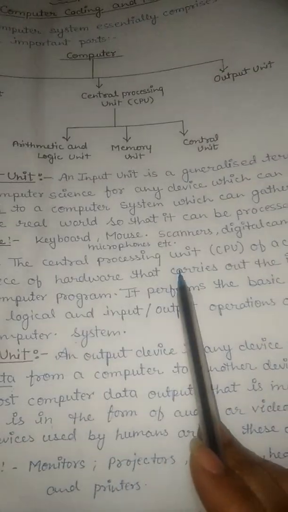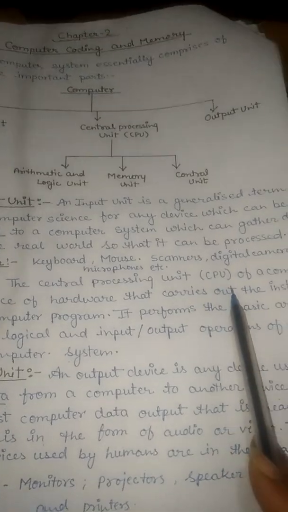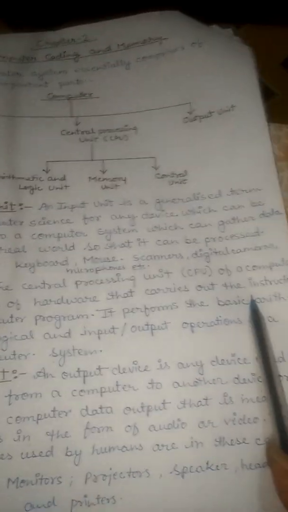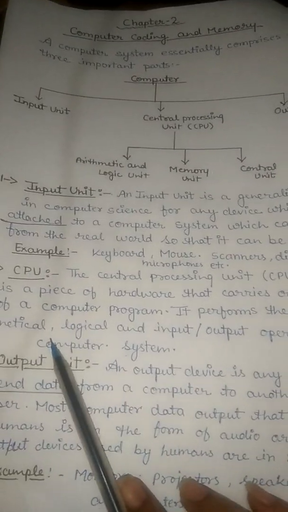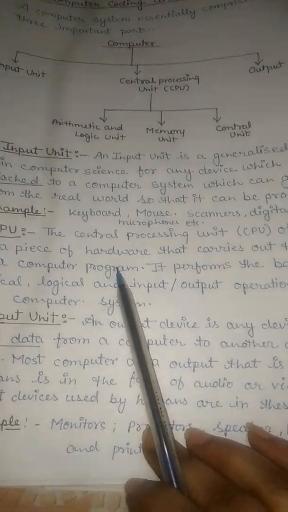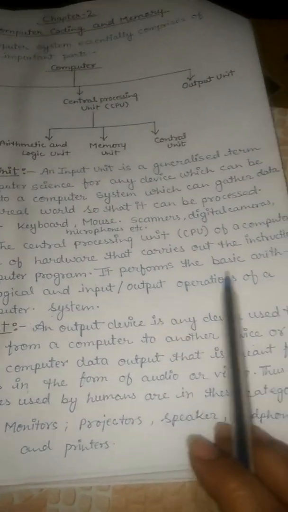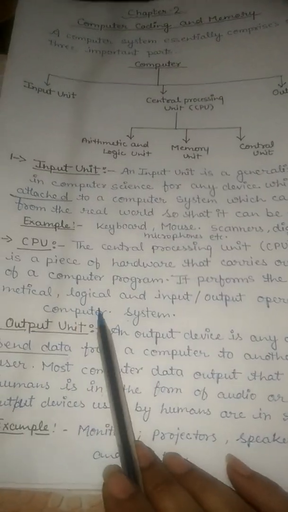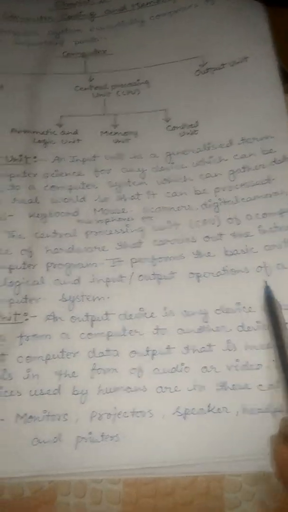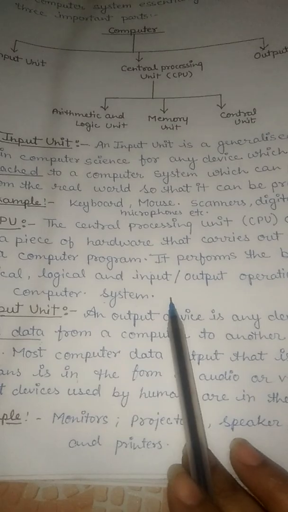So, the central processing unit is the piece of hardware that carries out the instructions of the computer program and performs the basic arithmetic, logical, and input-output operations of the computer system.